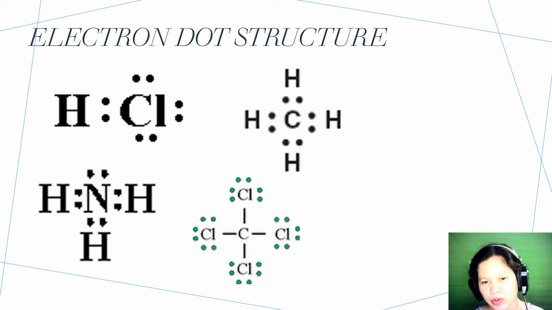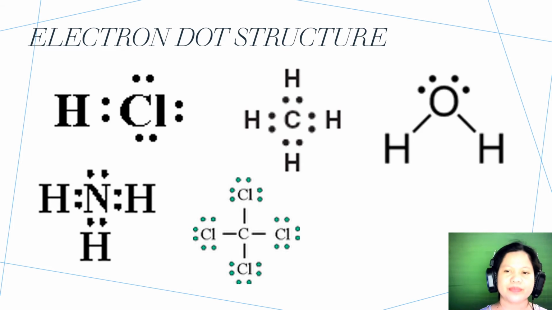Carbon tetrachloride. Carbon has 4 electrons, tama? And then, chlorine has 7. Then, you only have 4 pairings, sharing of electrons. So, that's why it's a single bond.